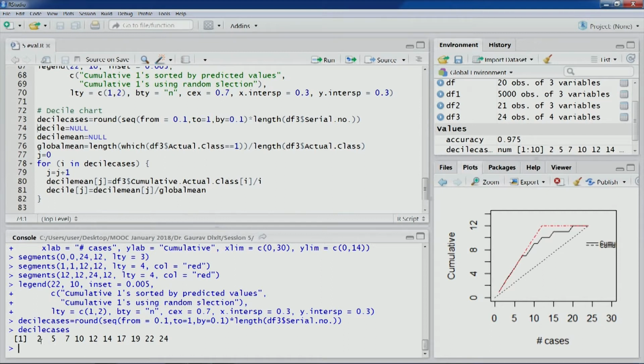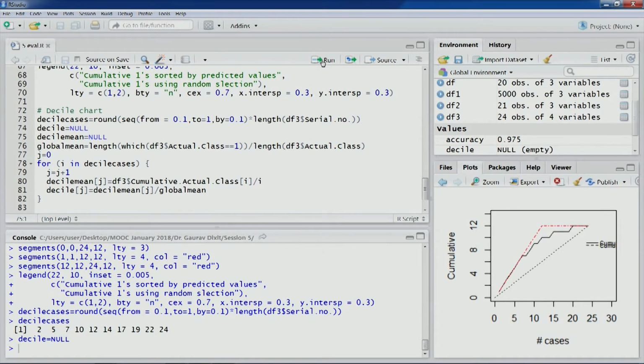Two observations represent 10% of the total observations, in this case 24, so it has been rounded to 2. Then 5 is 20% of the total, that is 48, rounded to 5 observations. In this fashion, different deciles will have different numbers of observations. Let us create a few more variables so that we are able to compute the decile mean for each decile.